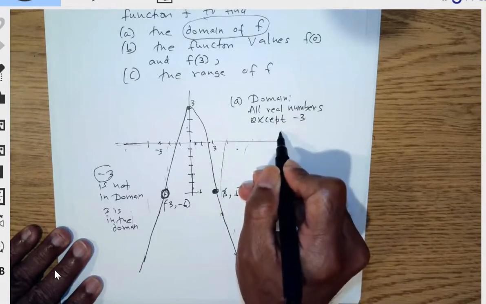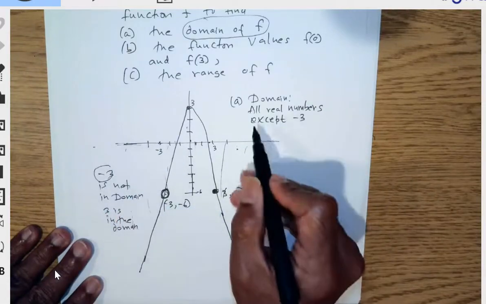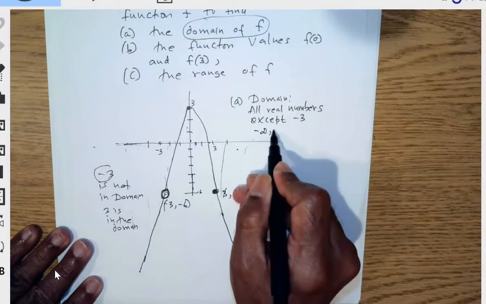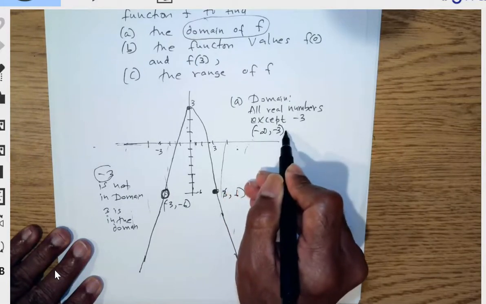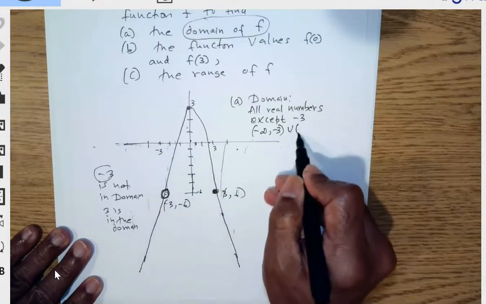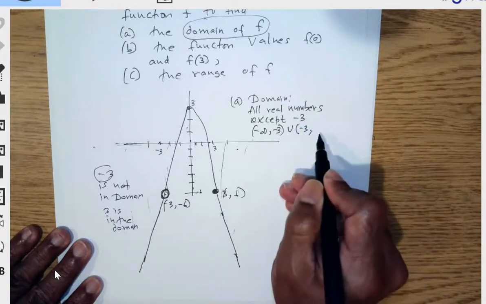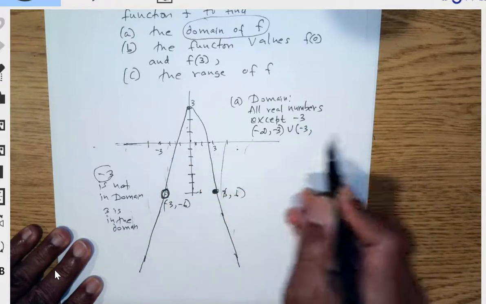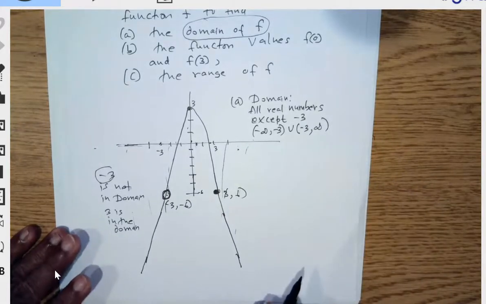Or in interval notation, you can say from negative infinity all the way up to -3, with a parenthesis to show that -3 is not okay. Then we skip -3 and start again with -3 with an open parenthesis to show that it is not included, and you can go all the way to positive infinity. That's how you write it in interval notation.